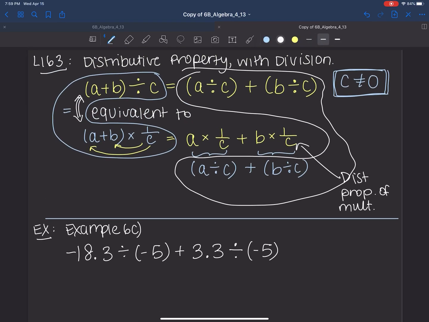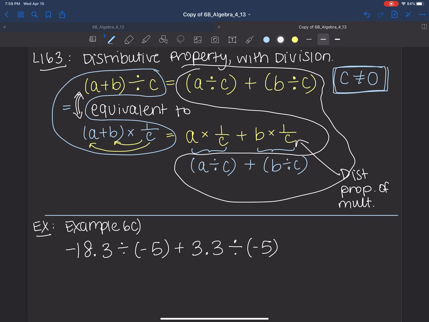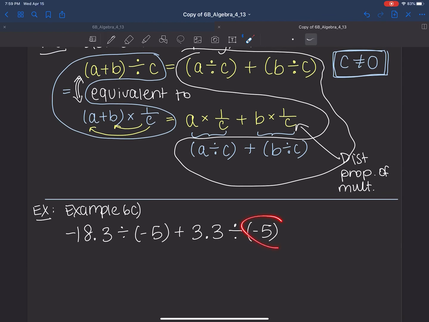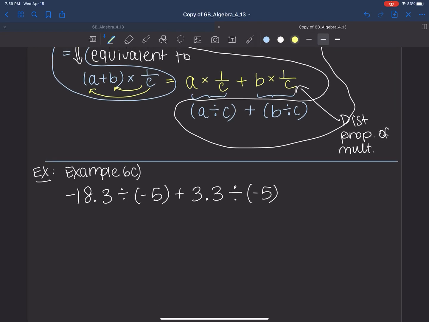Okay, so this involves pulling out this common term c. In this case, c is minus 5. It's shared between both division operations. So I'm going to pull out that minus 5. And what's left over, I have a minus 18.3. And I have a plus 3.3.